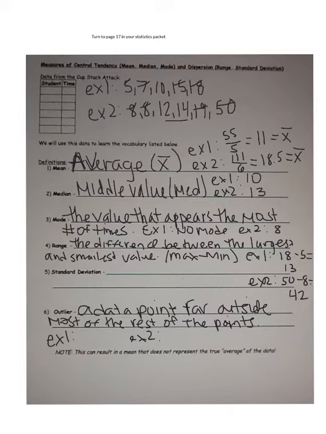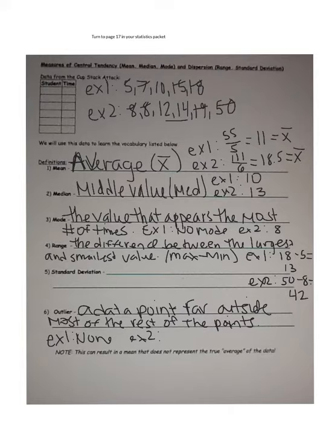So for example number 1, we have the numbers 5, 7, 10, 15, 18. In this set of points, there's not one number that's either far below all the numbers or far above. So the first one does not have an outlier. So we're going to write none. The second one, we have 8, 8, 12, 14, 19, and then we have 50.